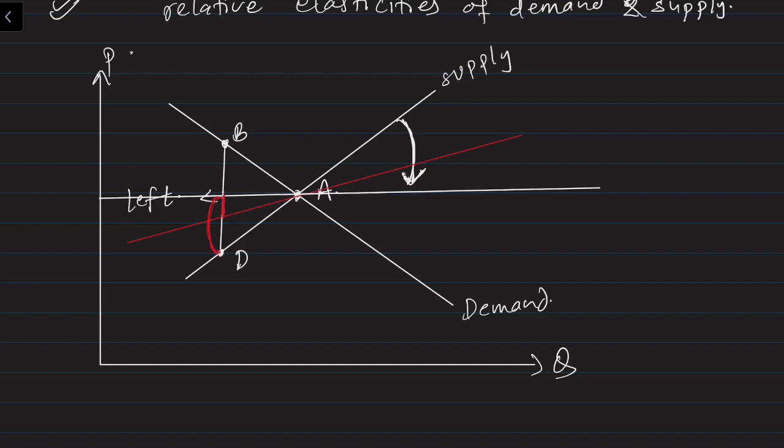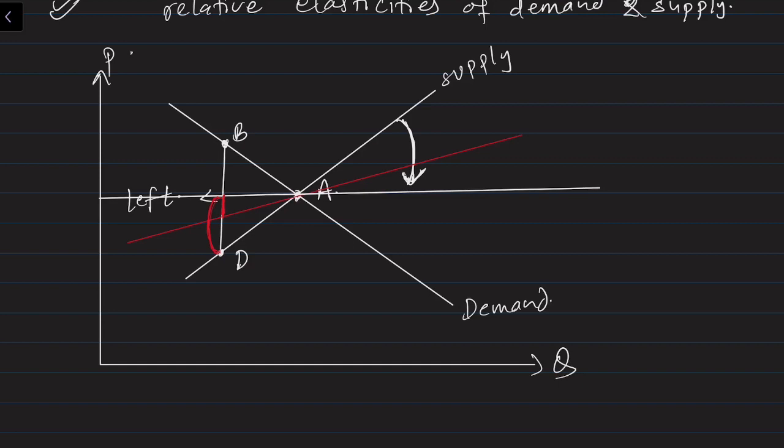So the burden on the supplier has decreased. When I rotated the supply curve clockwise, the elasticity increased. The flatter the curve, the more elastic it is. So the more elastic the curve is, the less burden the suppliers will have.